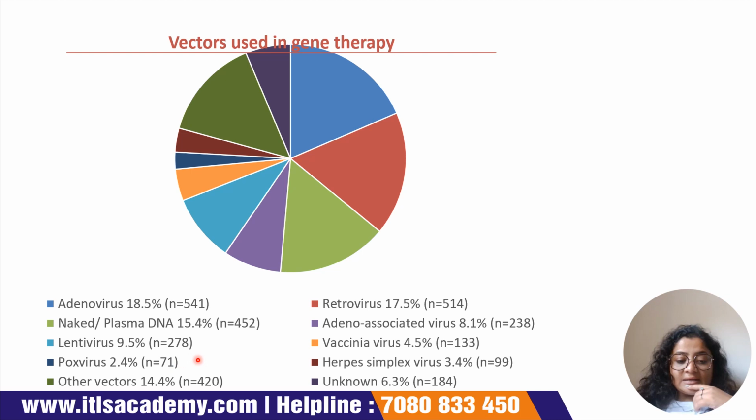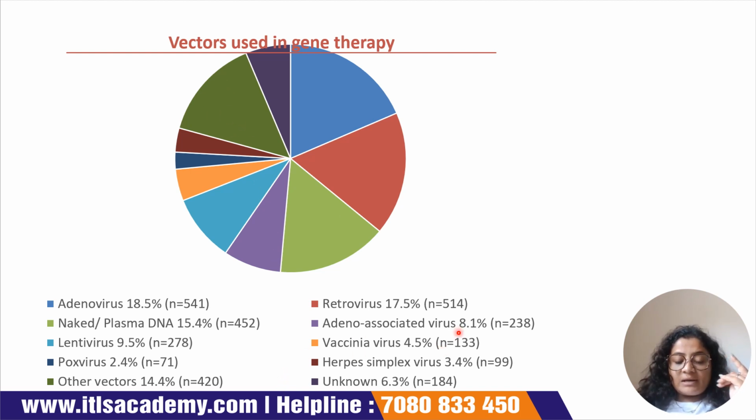Then we have lentivirus 9.5%, this shade of blue. Then we have poxvirus 2.4%, the deep navy blue. Then other vectors account for 14.4%, the deeper shade of green.